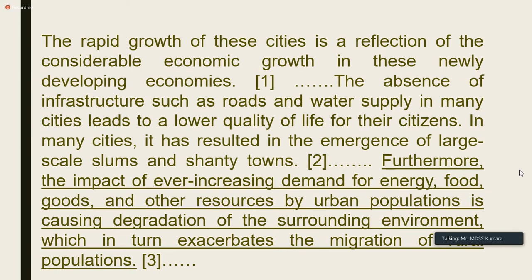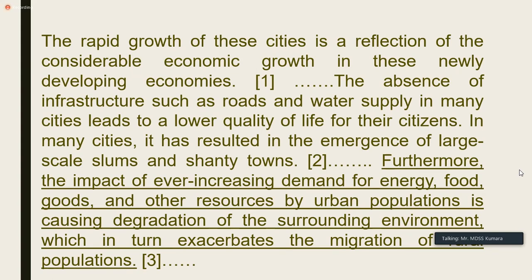I explained the sentence with examples and all. The sentence says, the underlined one here: Furthermore, the impact of ever increasing demand for energy, food, goods, and other resources by urban population is causing degradation of the surrounding environment, which in turn exacerbates the migration of rural populations. Okay, this is the sentence.